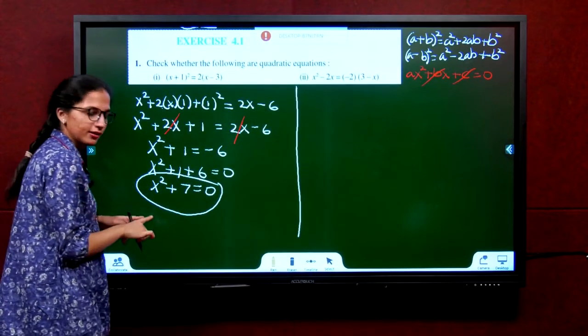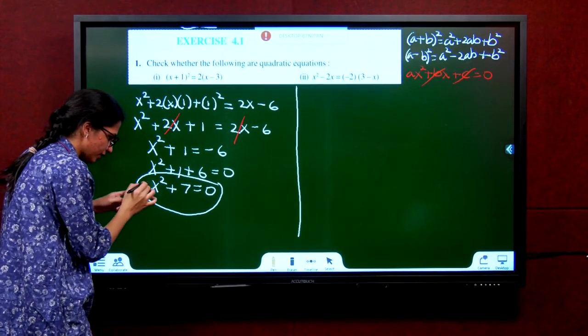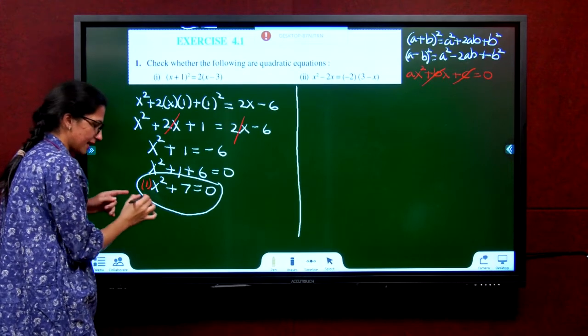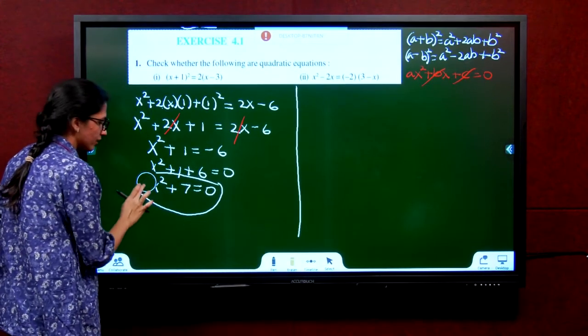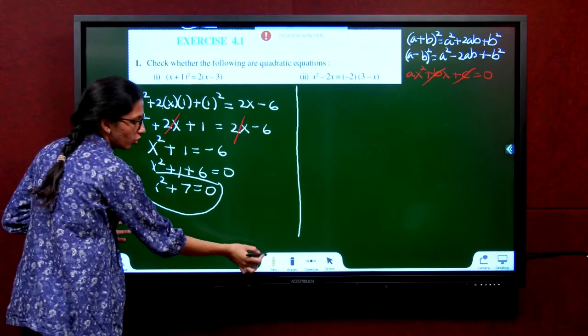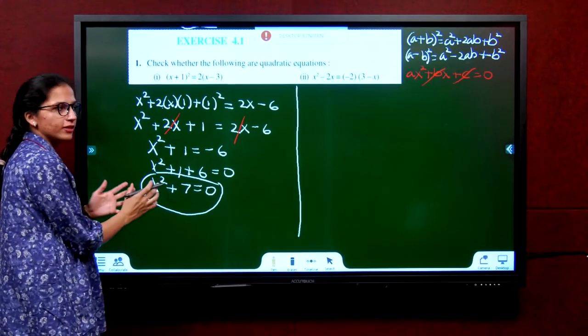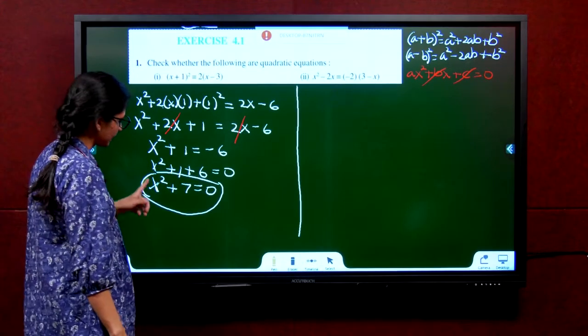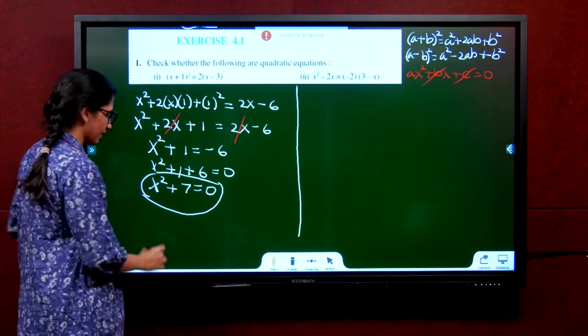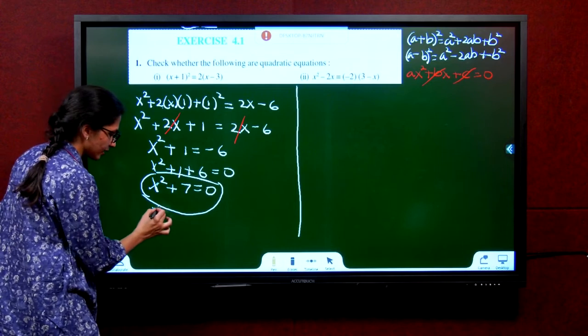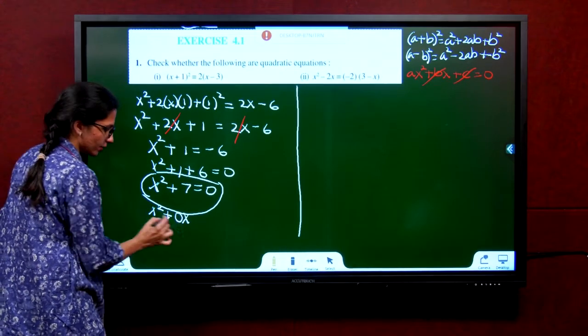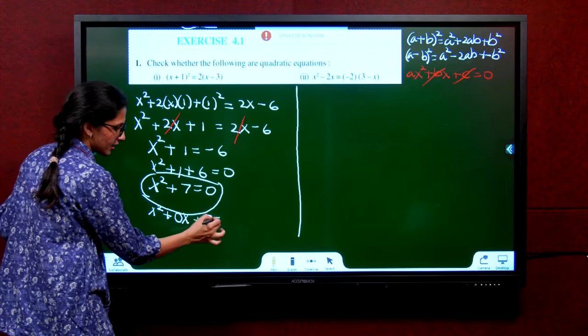Is A vanishing here? A is there. It's 1 over here. So only the center term is missing, which is no problem because we have the first term. As long as the first x squared term is there, it is quadratic. How is it quadratic? Because it can be written x squared plus 0x plus 7 is 0.